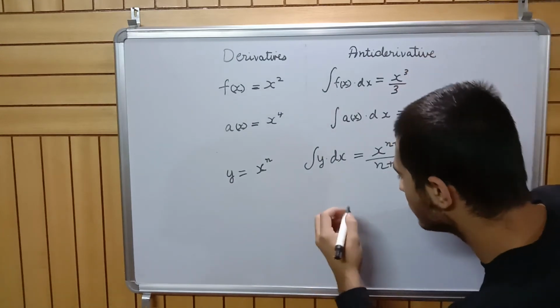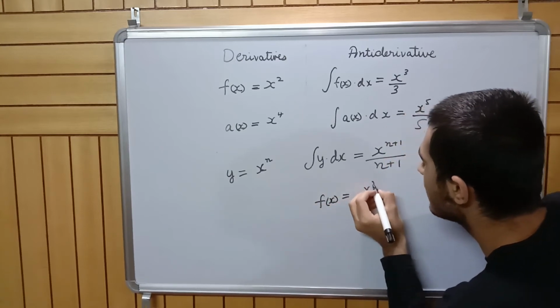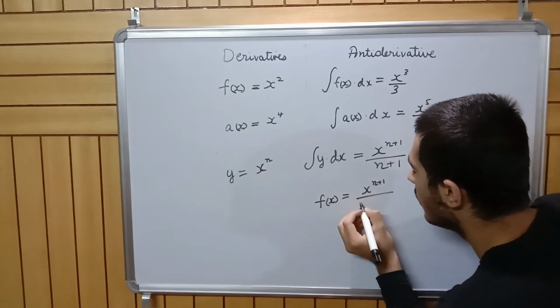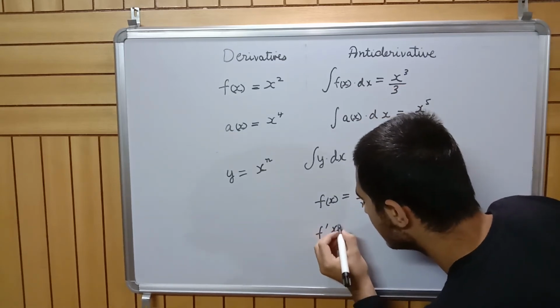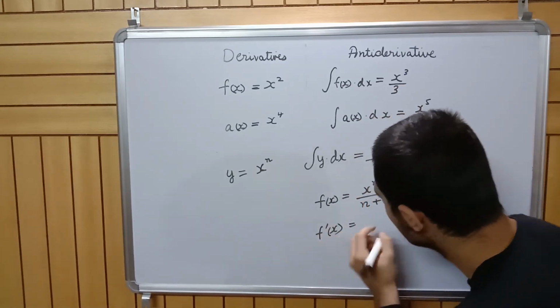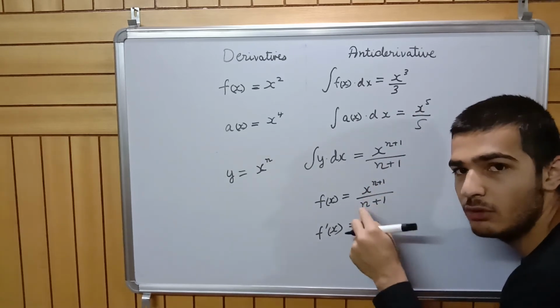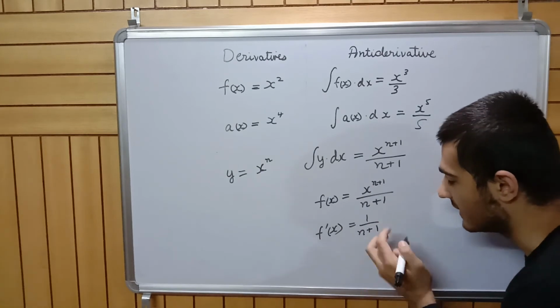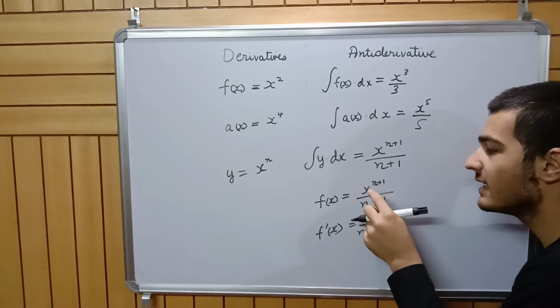If I get this, then my formula works. So let me take the function f of x equals x raised to power n plus 1 over n plus 1. Then f prime of x, the derivative of this, equals, so I keep my coefficient, 1 by n plus 1, as it is. Multiply that by the derivative of x raised to power n plus 1. Here I simply apply my power rule.